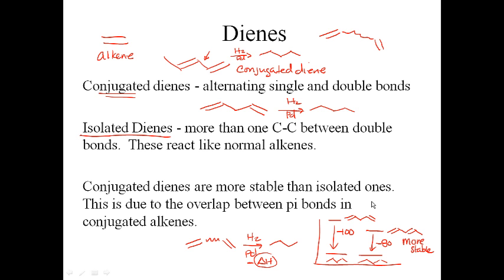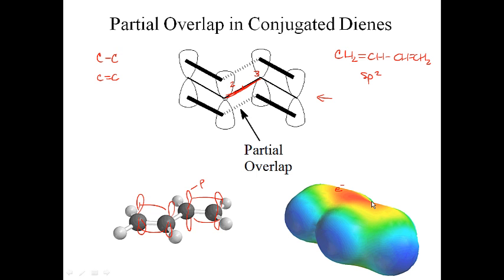Okay, so that's going to set the stage for talking about reactions of conjugated dienes in the next lecture. And where we're going with this, just for a moment, is that we're going to create eventually the ultimate conjugated system. One where we've got alternating single bonds and double bonds in a six-membered ring.